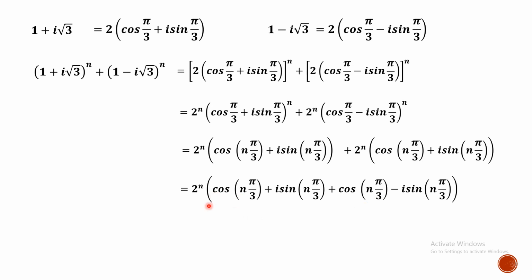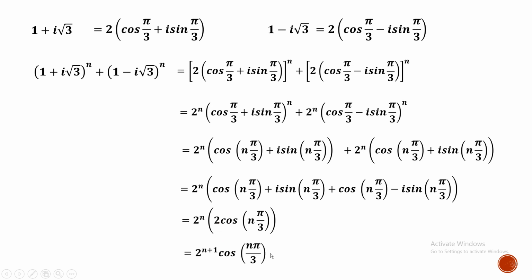So the answer is 2 power n into 2 cos of n pi by 3. Now 2 is nothing but 2 power 1. So by the formula a power m into a power n is a power m plus n, the result will be 2 power n plus 1 into cos n pi by 3.